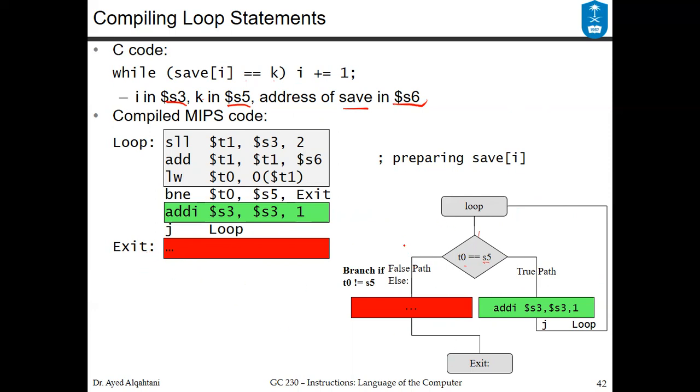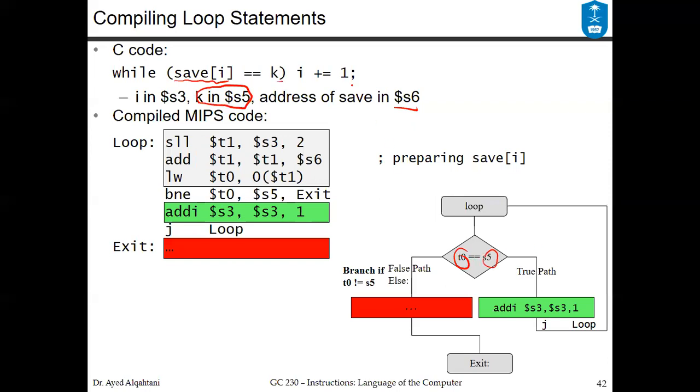That's the flowchart. Now, since we said that k is an S5, and this save array have an index I, so we take the offset from S3 and we add it to the base register of S6, and we put the result in a temporary value T0 here, and we compare those two.